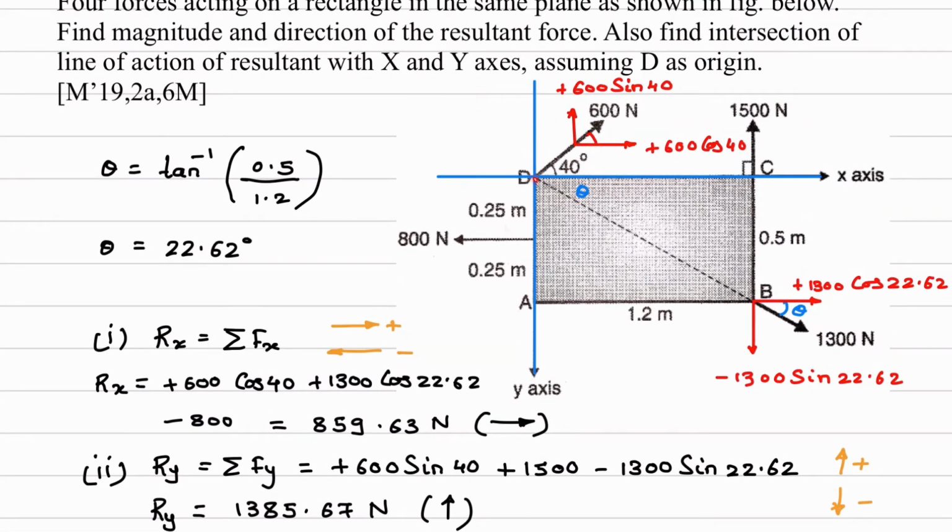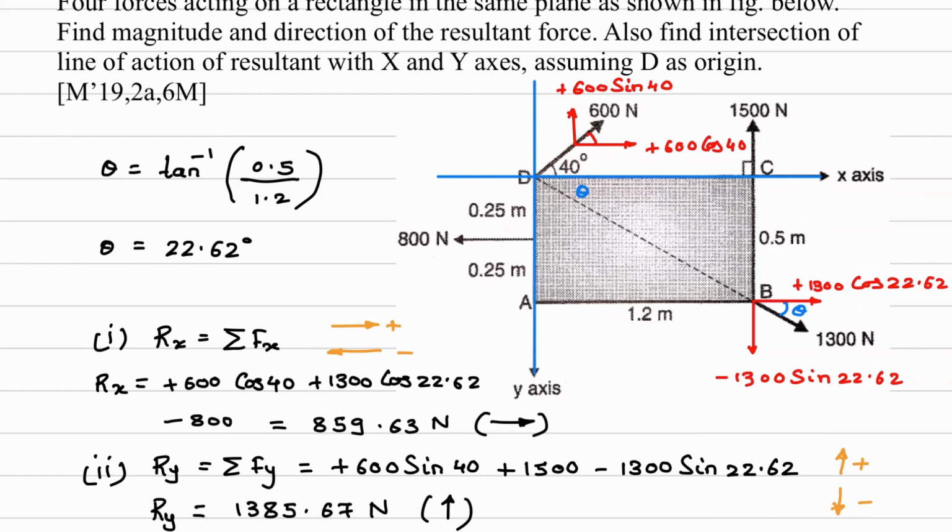if you consider this 600 Newton force, what will be moment of this 600 Newton force with respect to point D? 0, na? Why? Because line of action of this 600 Newton passes through the moment center. So that is why moment of this 600 Newton force is 0. Okay, it is not like these are the components, so this component is at some distance, so there will be moment. It's not like that. Okay, just remember that.